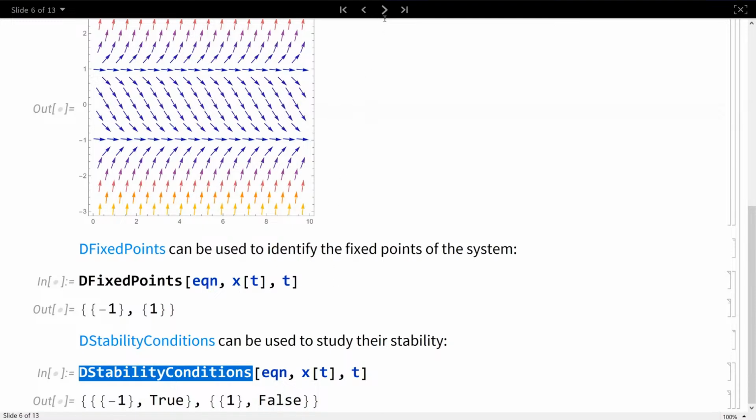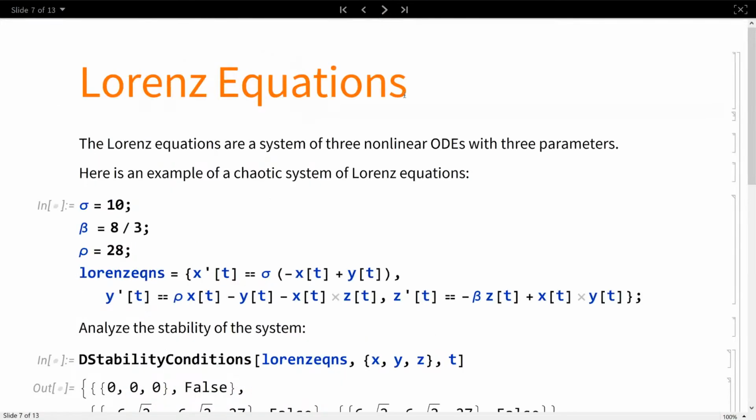And as an example of this new functionality, I'll take up a very famous example, the Lorenz equations, which are a system of 3 nonlinear ODEs with 3 parameters. And depending upon these parameter values, you might get a chaotic solution or a well-behaved solution.